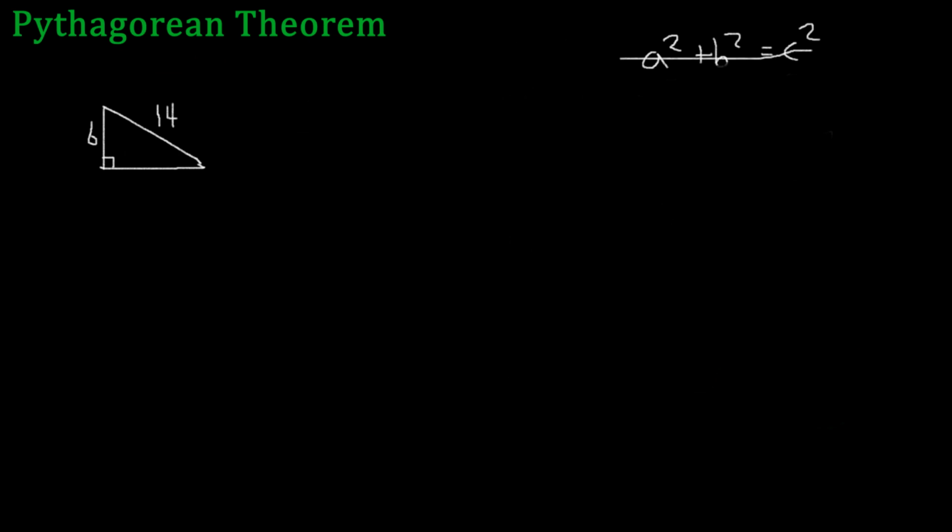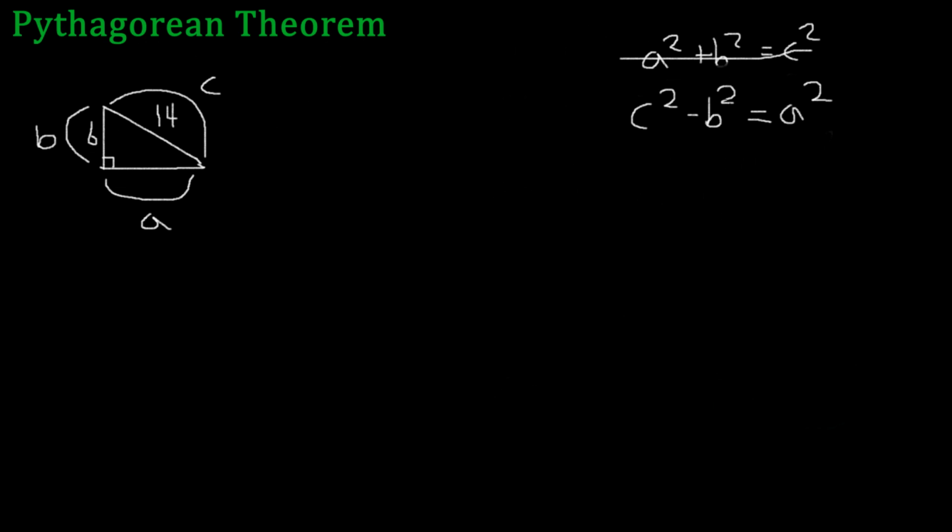Let's make this the A and this the B, and then this is the C. So instead of a squared plus b squared equals c squared, we have to make it so c squared is on the left, and then we subtract b squared, and this equals a squared.